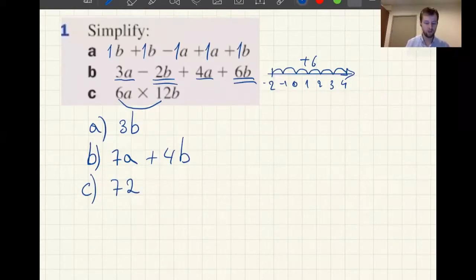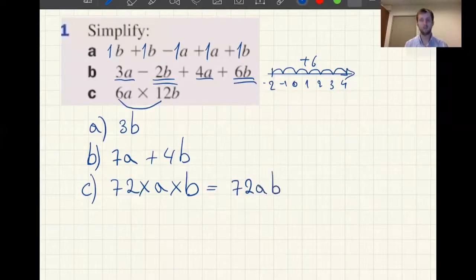Normally we should write 72 times a times b, but for the sake of making it shorter, saving space, we write 72ab for this. So this is simplifying for you.